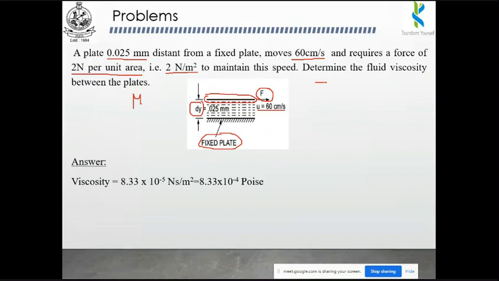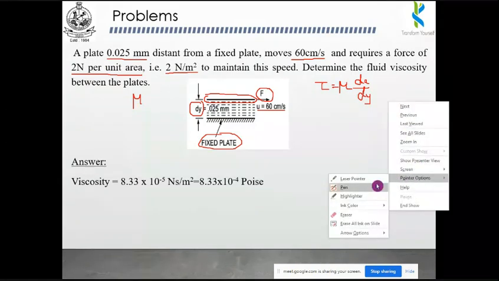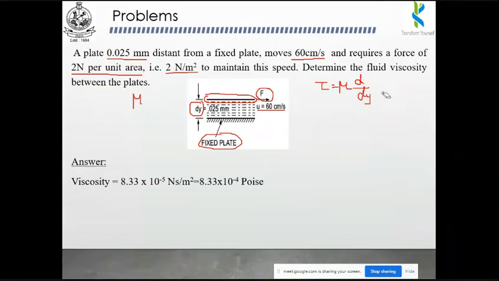Shear stress is equal to mu into du divided by dy, right? This is the basic formula.